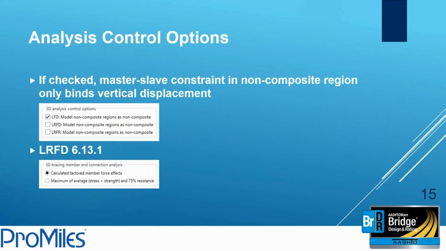So based on the selection here, we will either use the calculated factored member force effects as design force effects, or we will use the maximum of average stress plus strength and the 75% resistance of that member.